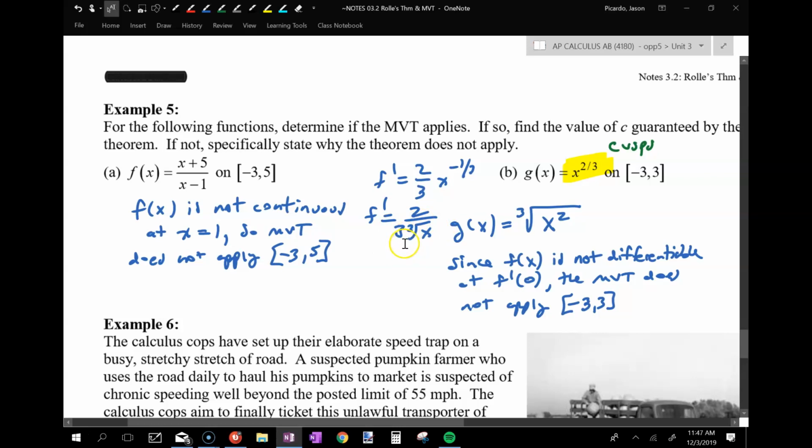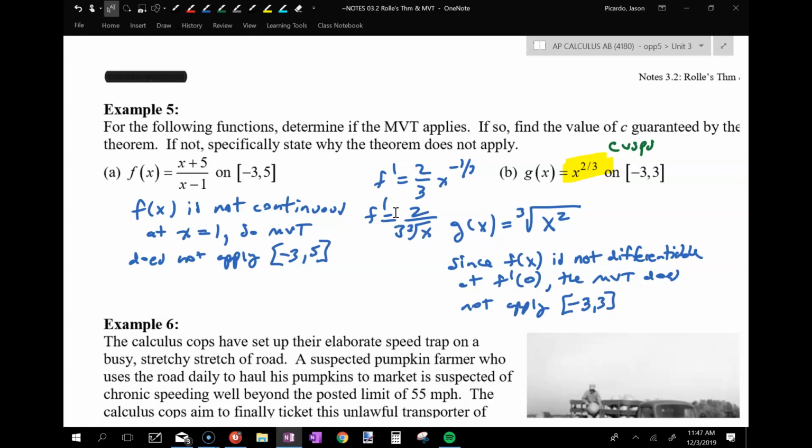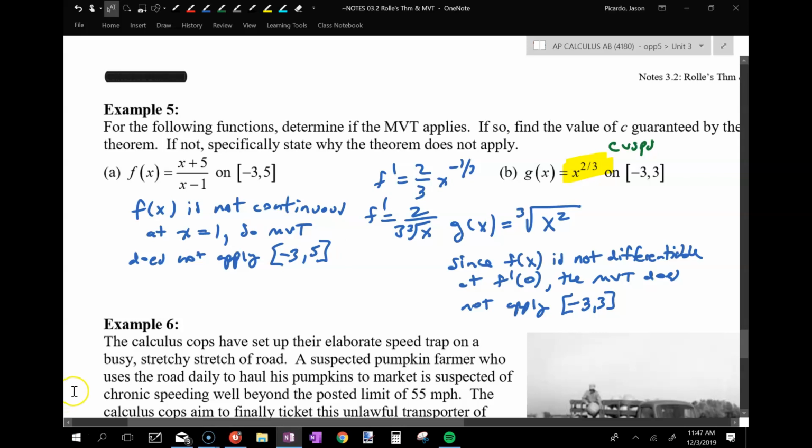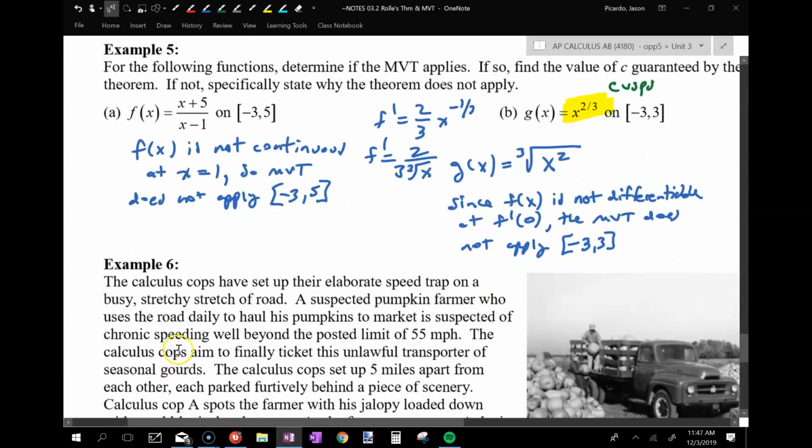So if I take my derivative, this is where it's not going to exist. So that's another way that I would know that there's some value that's not differentiable. So again, we're starting to see how all of this stuff is going to play nice together, and all these little details that we've been hammering are going to come into play. So we're going to keep reviewing this stuff all year long, which is nice.